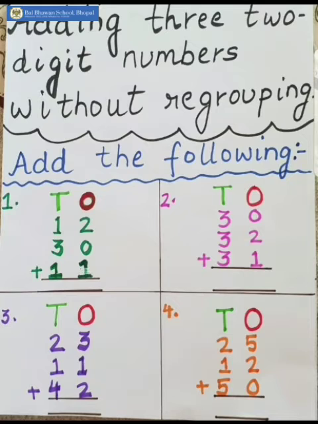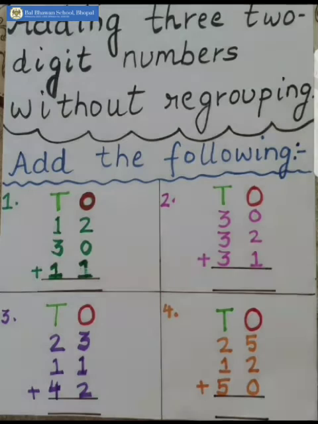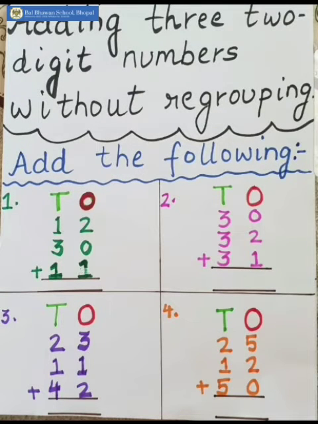Now the chapter which we have already started is addition, and the topic which we are going to learn today is adding three two-digit numbers without regrouping. So here you can see in all the questions how many numbers I've taken for addition.